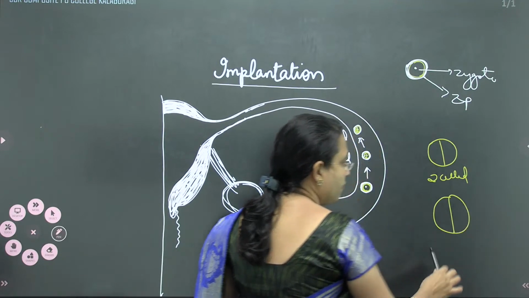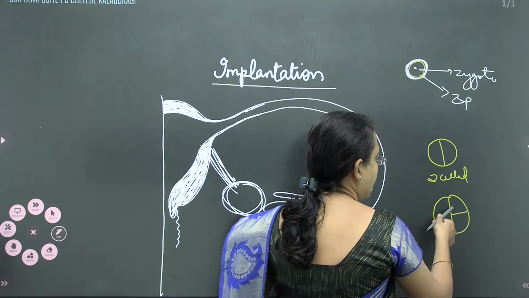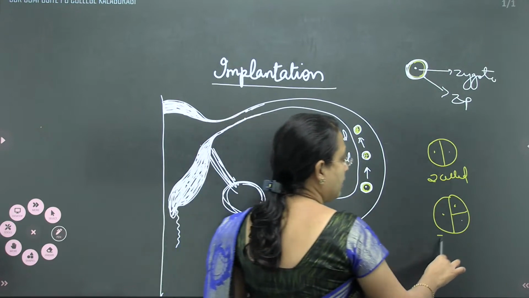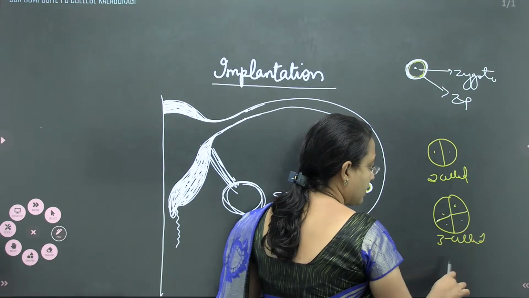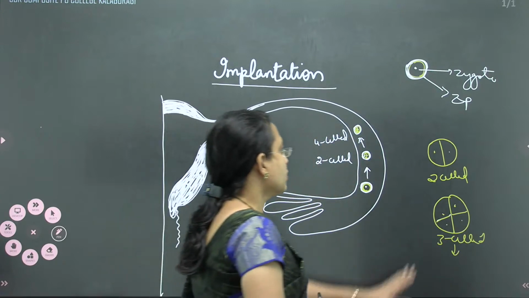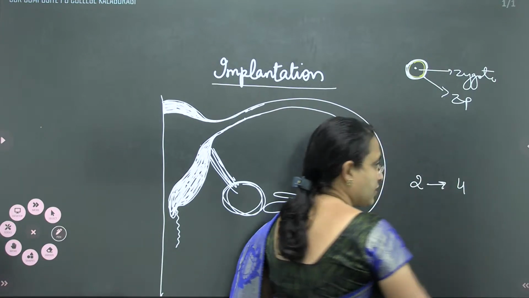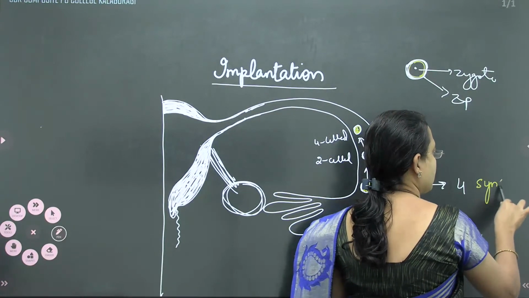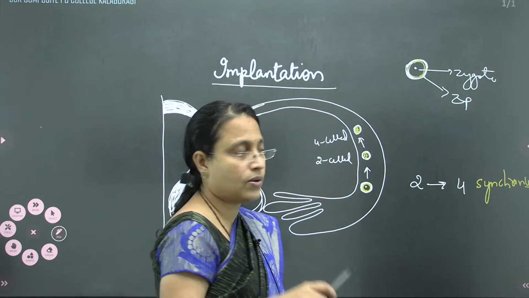Instead, a division occurs and an intermediate three cell stage is formed, and then finally another division occurs and the four cell stage is formed, step by step. If the two cell stage formed the four cell stage at once, it would be called synchronous division.